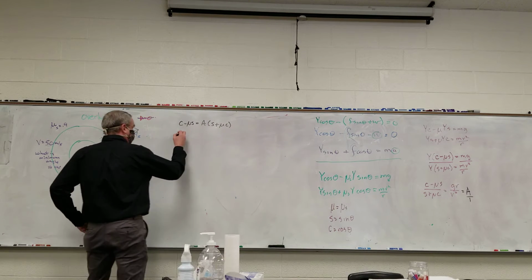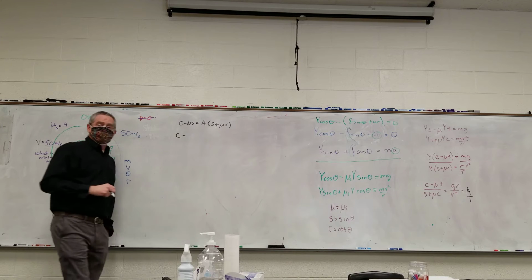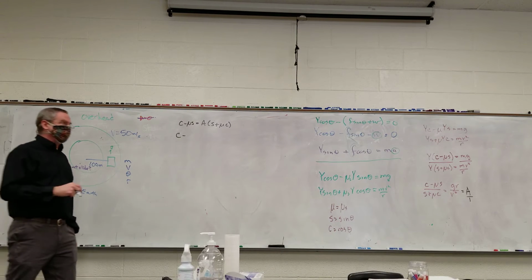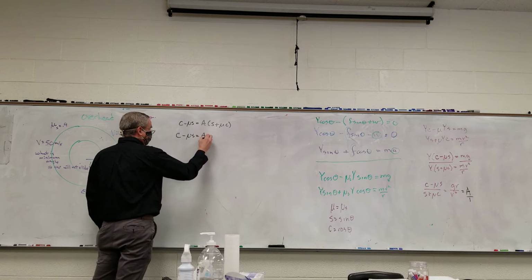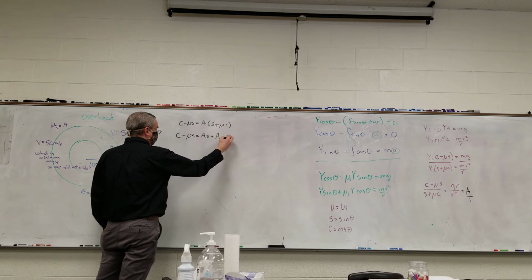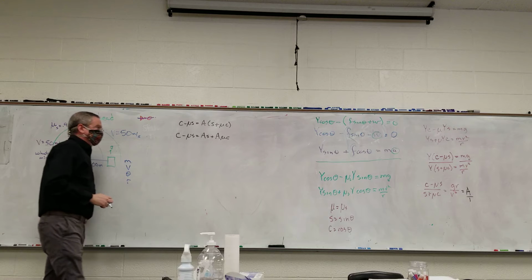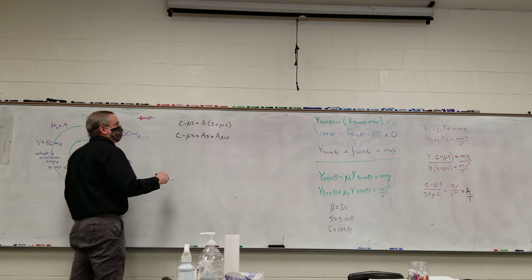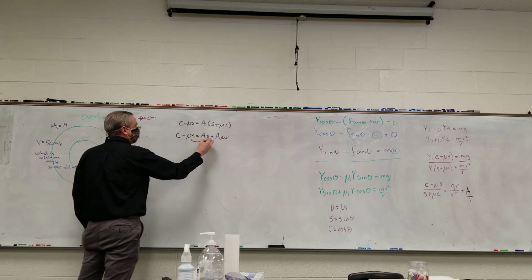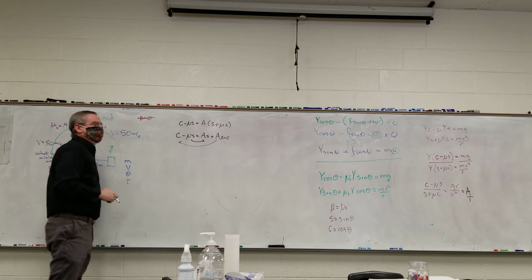I distribute. Where I'm heading here is I want to get all the sines together and all the cosines together. So I get C minus mu S is equal to AS plus A mu C. And so get the sines together, and the cosines together.